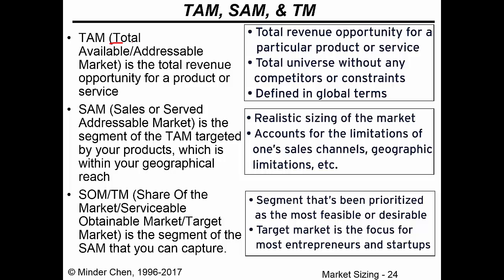TAM is the total available market, and sometimes it's called the total addressable market. That's the biggest part, the total revenue opportunity for a product or service. The smaller next level is called SAM, usually the served addressable market, and sometimes people call it the serviceable addressable market, which is a segment of the TAM, the segment of this bigger pie that you target with your product.